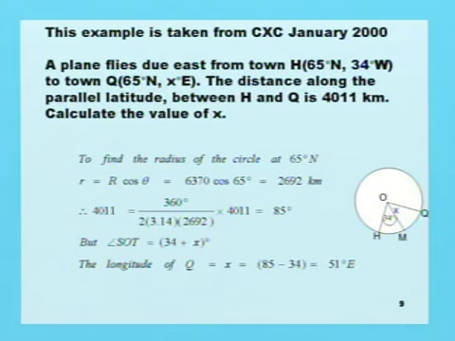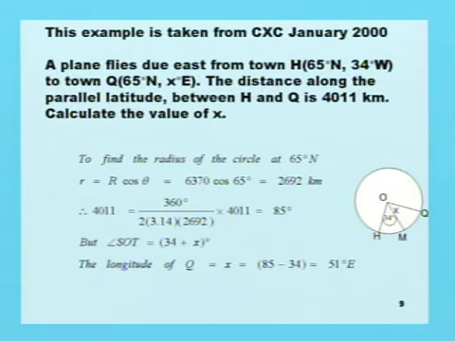The distance along the parallel of latitude between H and Q is 4,011 kilometers. Calculate the value of x, that is, the size of the angle x. The picture on the right will illustrate the movement, the point H, the point M, and the point Q.